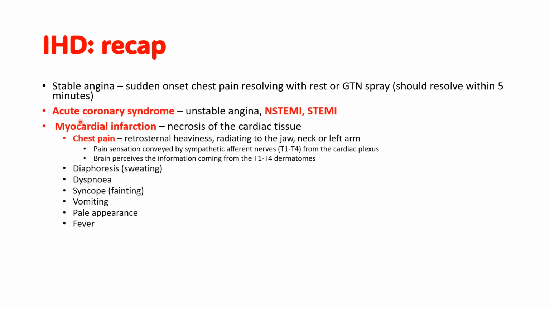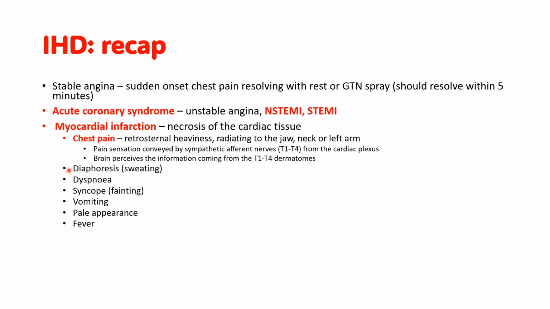And then we've got acute coronary syndrome, which includes unstable angina, NSTEMI and STEMI. NSTEMI and STEMI are going to be the main focuses of this tutorial today. Myocardial infarction is necrosis or death of the cardiac tissue, or the myocardium, the muscle layer of the heart.